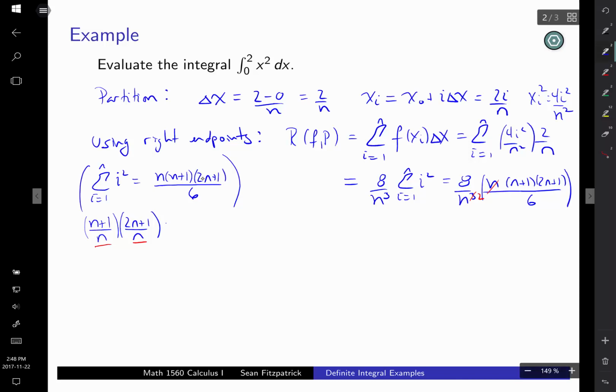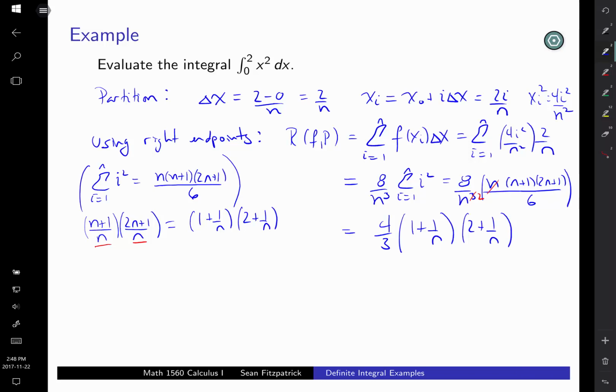If I divide everything by n, n over n is 1, so 1 plus 1 over n. The other one is 2 plus 1 over n. And 8 over 6, well, that's 4 over 3. So once I simplify, I get 4 over 3 times 1 plus 1 over n times 2 plus 1 over n. Okay, so there's my Riemann sum with n rectangles, right?